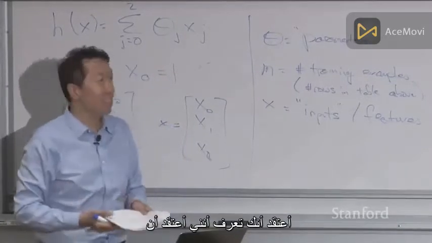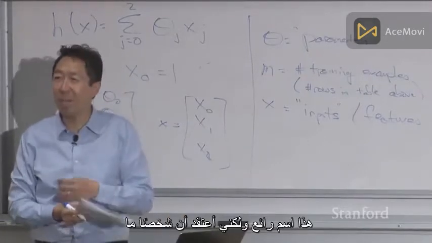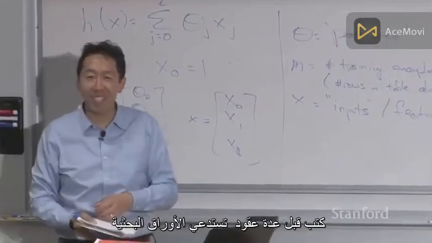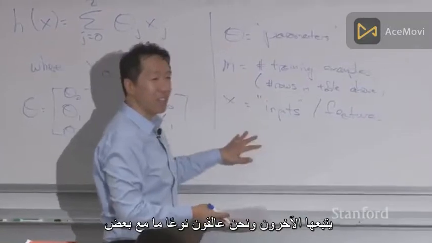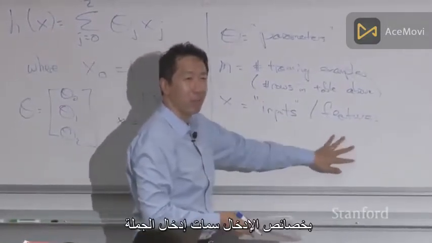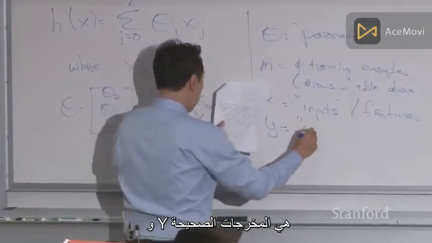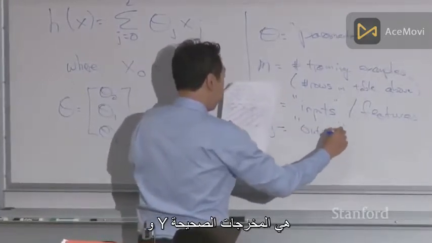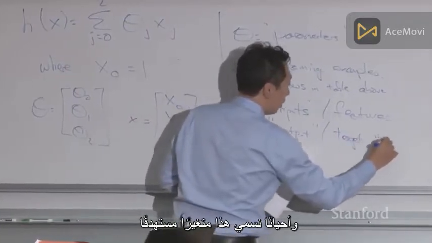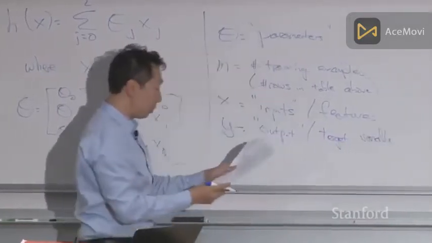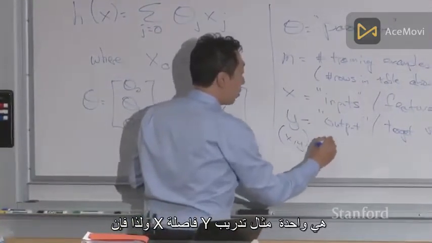So I think that the fact we call these things hypotheses, frankly, I don't think that's a great name, but I think someone many decades ago wrote a few papers calling it hypothesis, and then others followed, and we're kind of stuck with some of this terminology. But x is called input features, or sometimes input attributes, and y is the output. Right, and sometimes we call this the target variable. And so x comma y is one training example.